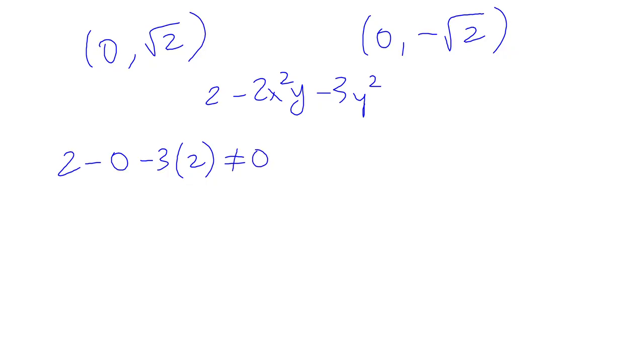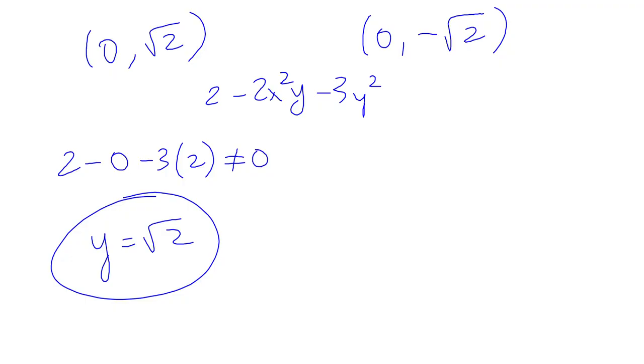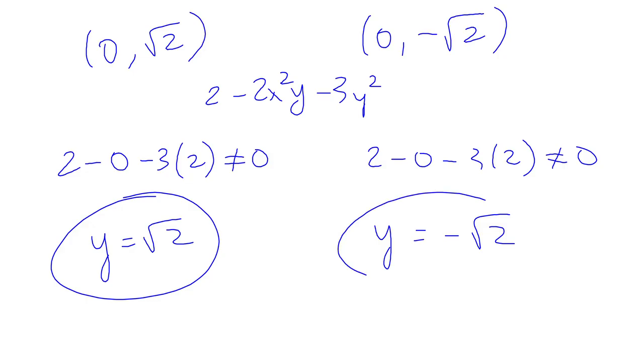Well, that's not 0. So y equals root 2 works. And if we do the same with (0, negative root 2), it's going to be the exact same thing: 2 minus 0 minus 3 times 2 again, which does not equal 0. So we have another horizontal tangent line of y equals negative root 2.